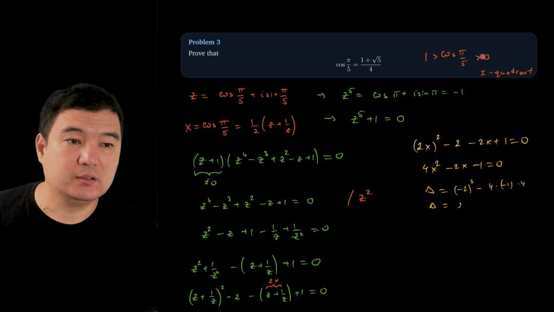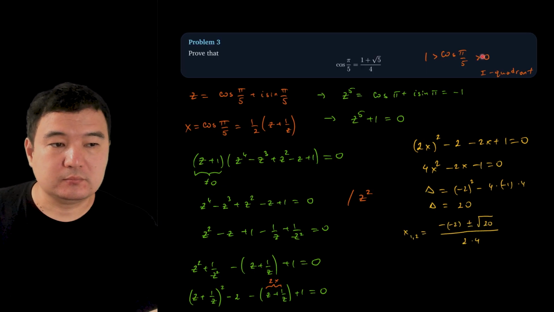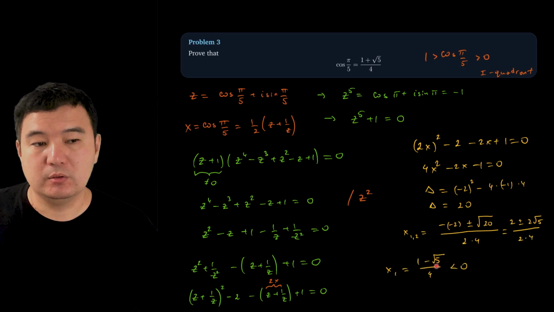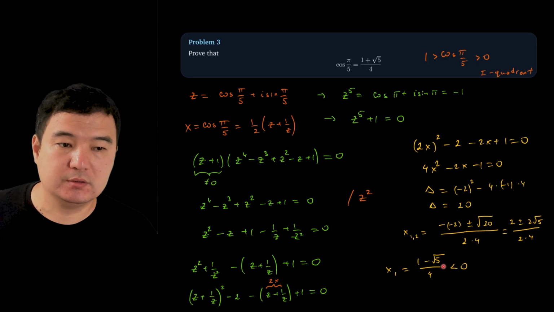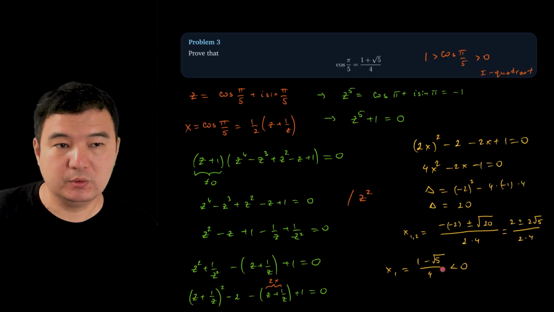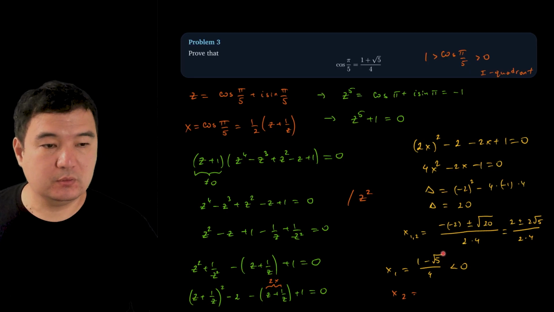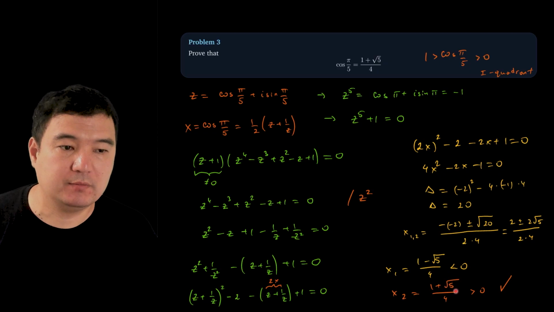So the discriminant is 20, and use the quadratic formula. If you simplify, the first root is 1 minus root of 5 over 4. That's a negative number, so the first root is not the number that we are looking for. And if you look at the second number, that's obviously 1 plus root of 5 over 4.